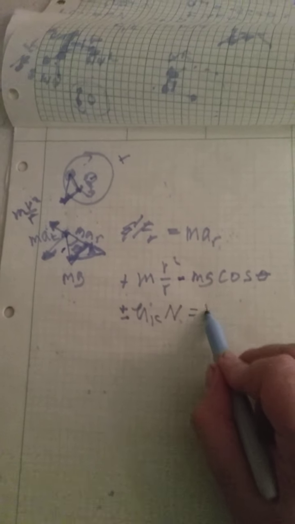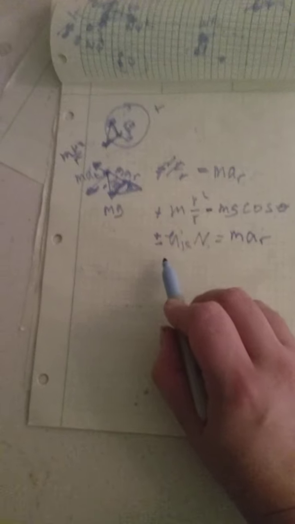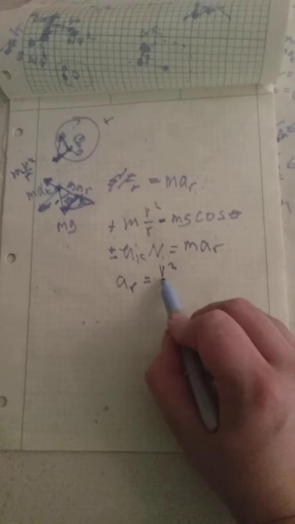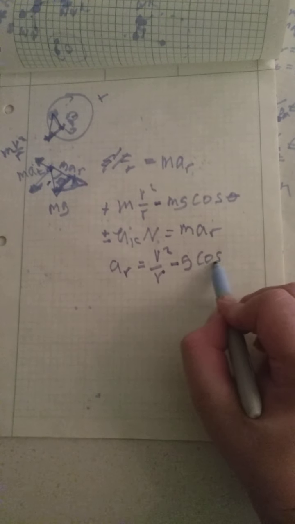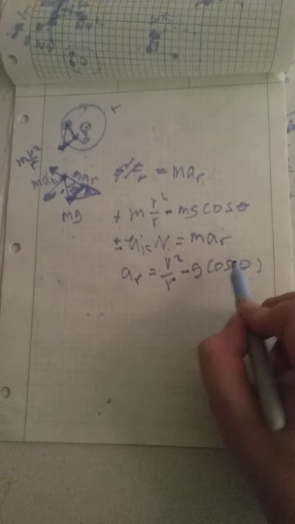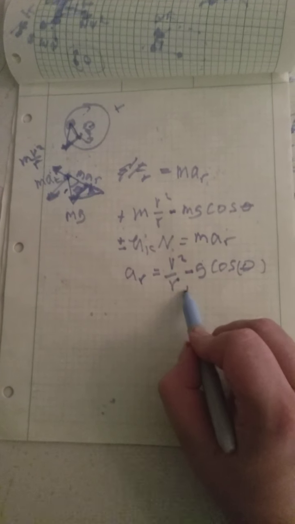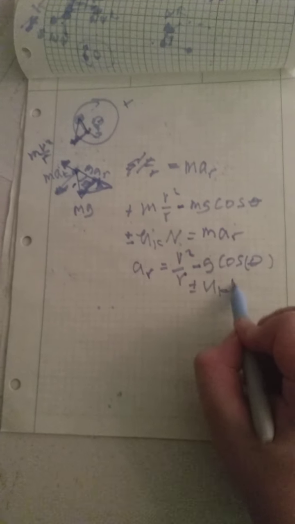And all of this is equal to mass times acceleration in the radial. So what we can do is divide out mass. And what we have is acceleration in the radial is equal to a positive v squared over r, negative g cosine theta, and then plus or minus mu k normal.